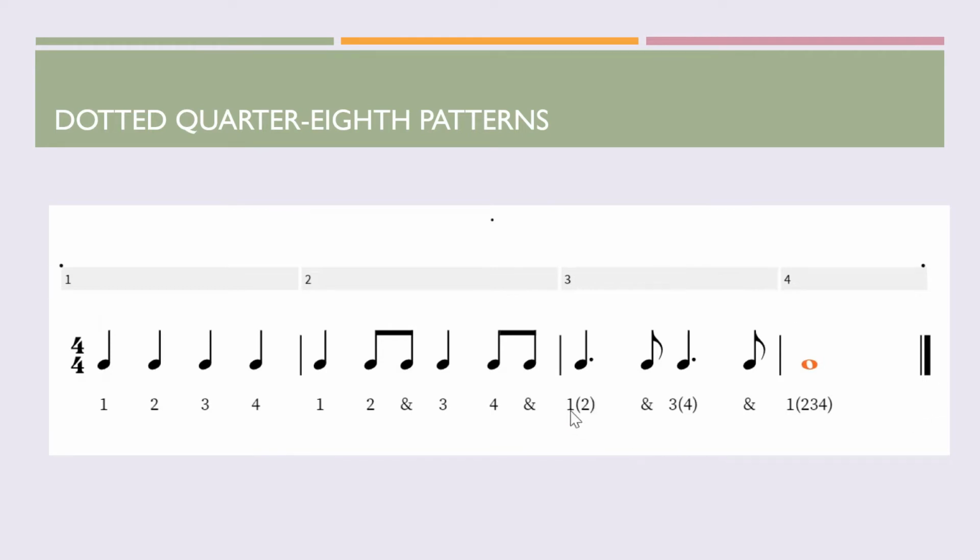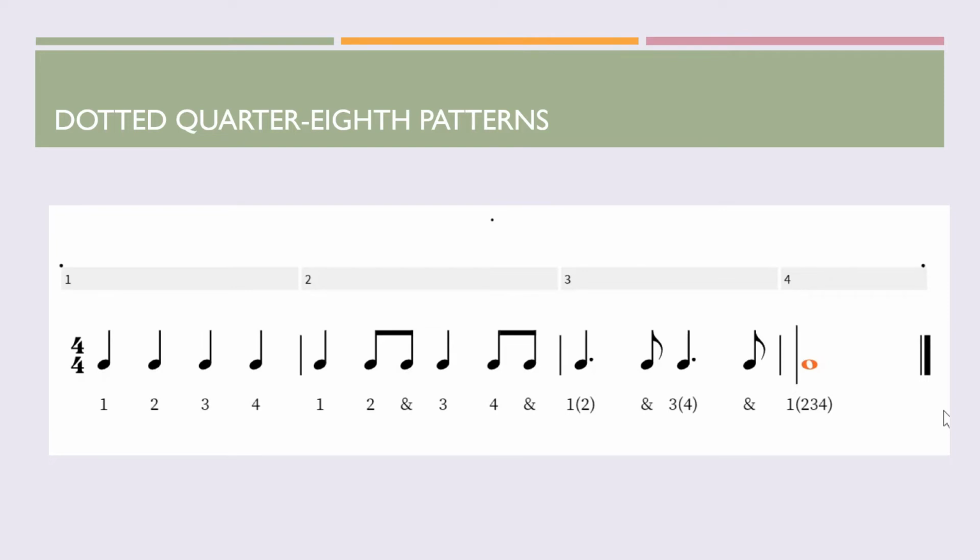Again, some people don't like to say the beats that happen when a note is more than one beat. So that would sound like this. 1, 2, 3, 4. 1, 2, and 3, 4, and 1, and 3, and 1.